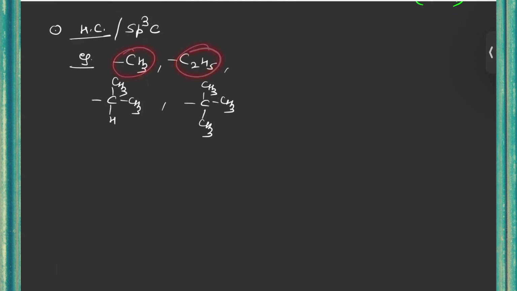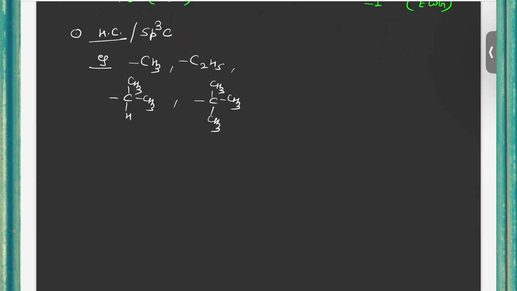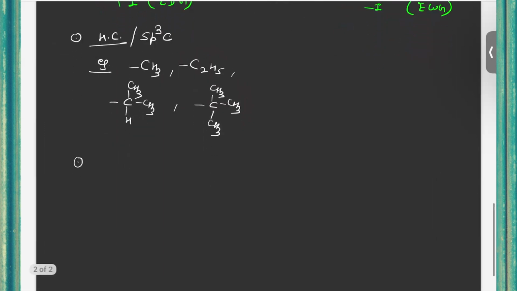What are these groups? These are hydrocarbons only, right? This is methyl, this is ethyl, this is isopropyl, this is tertiary butyl. So all these groups have a plus I effect. They have an electron donating effect.